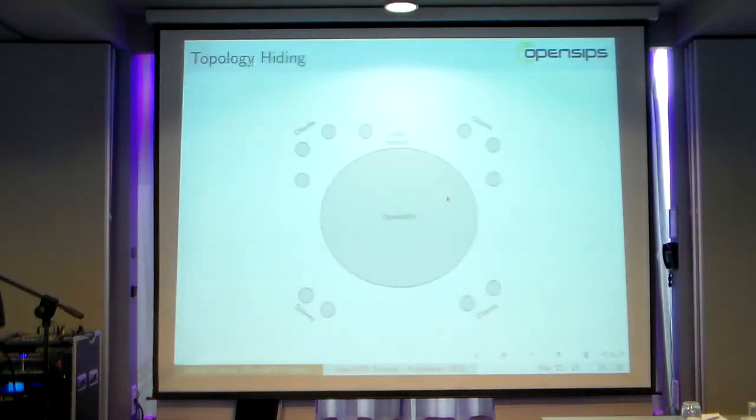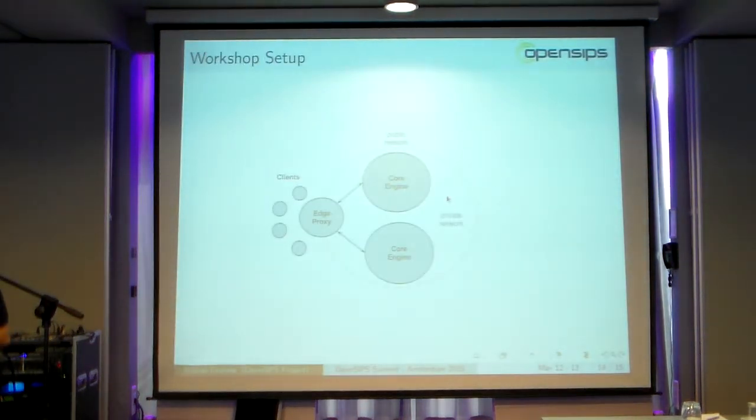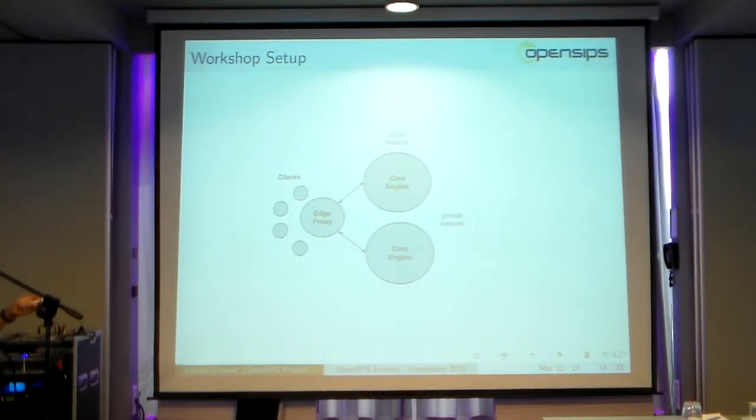That's because we are using topology hiding on the edge proxy, and in our scenario, one of these clients was using TLS until here, but we only see this communication, and this communication is always over UDP.